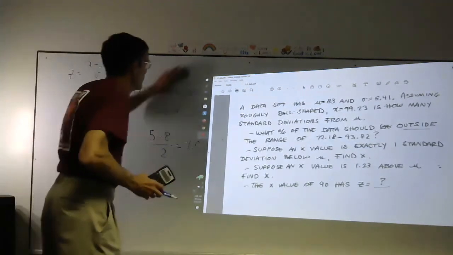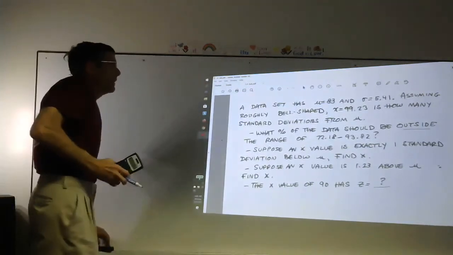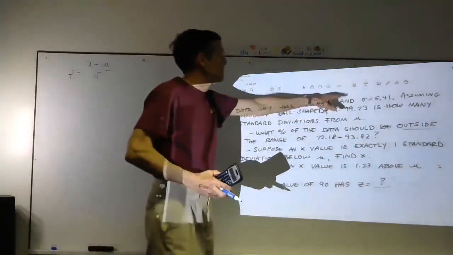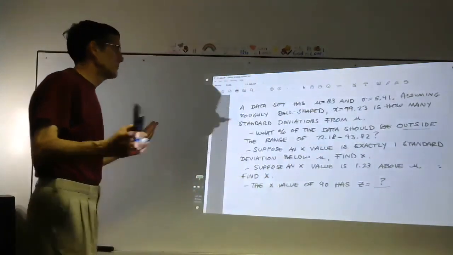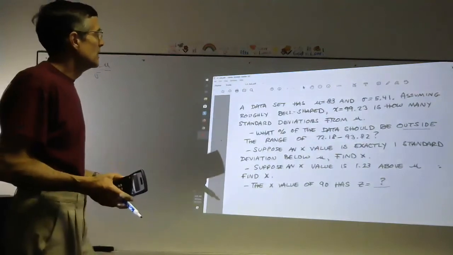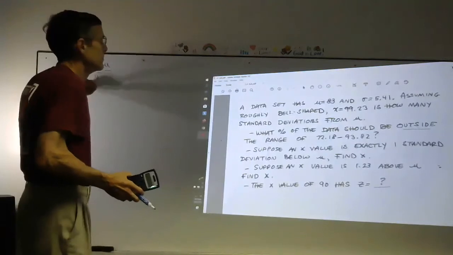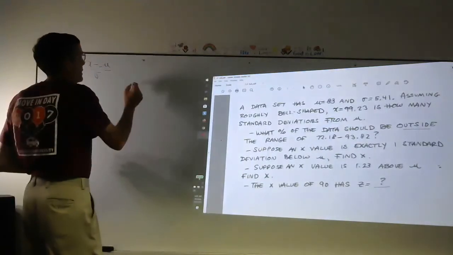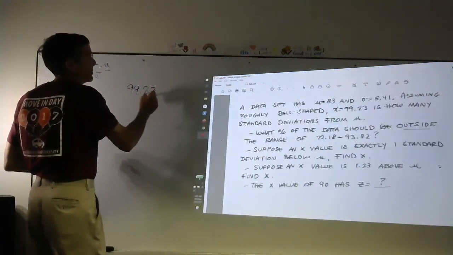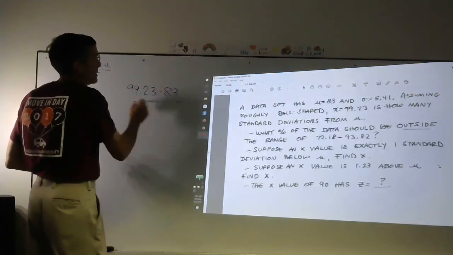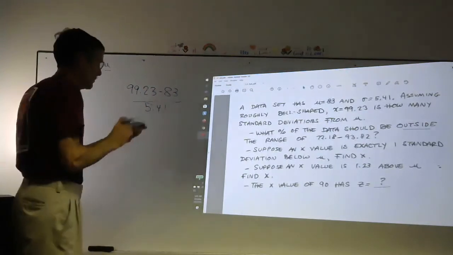A data set, mu is 83, sigma is 5.41, assume it's roughly bell-shaped. These are all the same. X equals 99.23. How many standard deviations? I'm going to do 99.23 minus 83 all over 5.41.